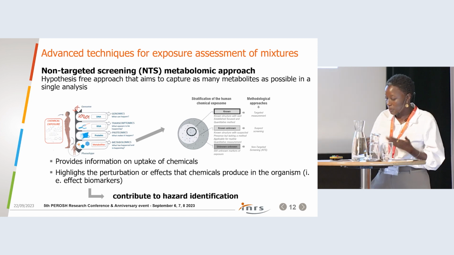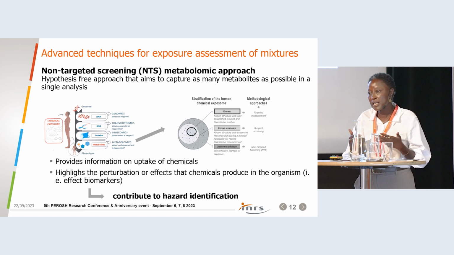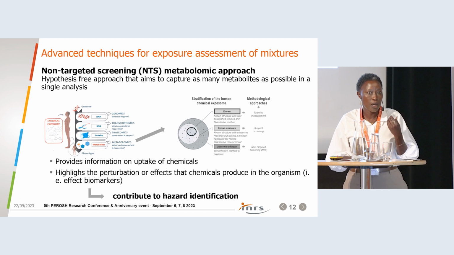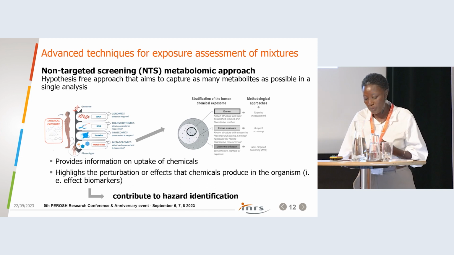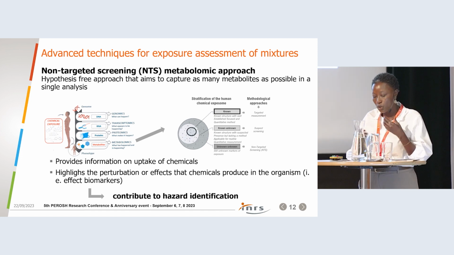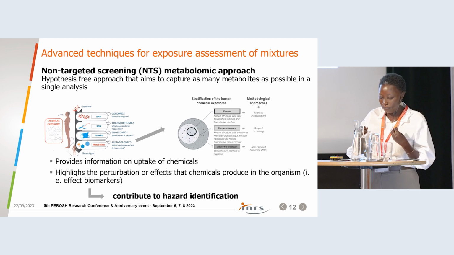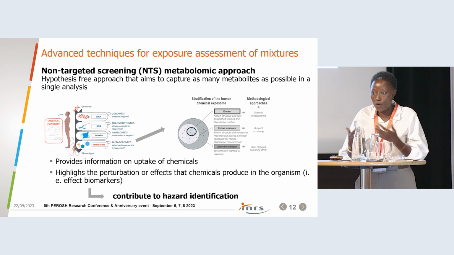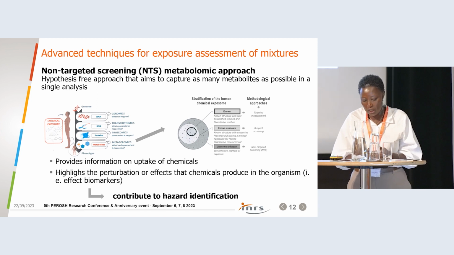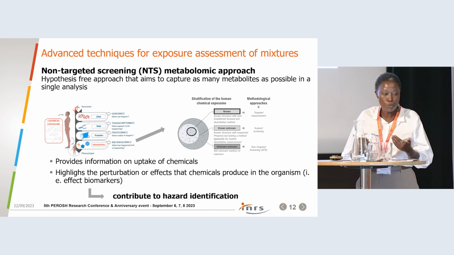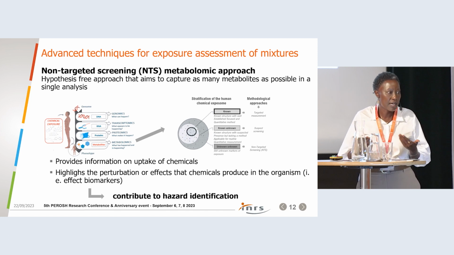But those metabolites can also be what are called effect biomarkers. Effect biomarkers are endogenous substances whose changes in concentration level reflect or prove an early effect of the exposure in humans. And in this case, the metabolomics will really contribute to hazard identification.